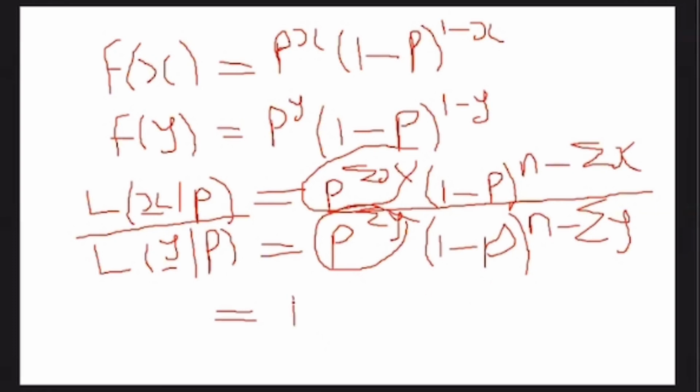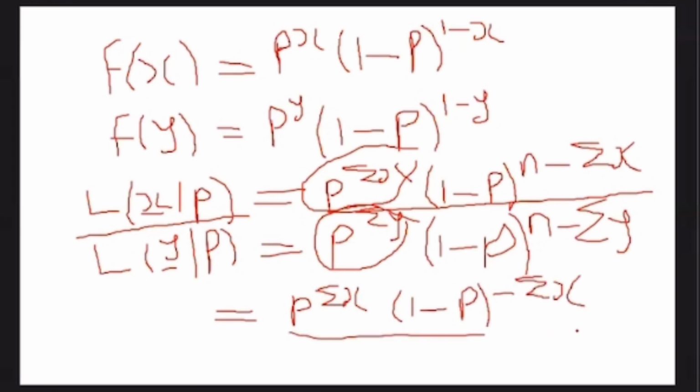I'm actually going to have p raised to power summation x, and here I'm going to have 1 minus p raised to power negative summation x, divided by p raised to power summation y, then 1 minus p raised to power negative summation y.